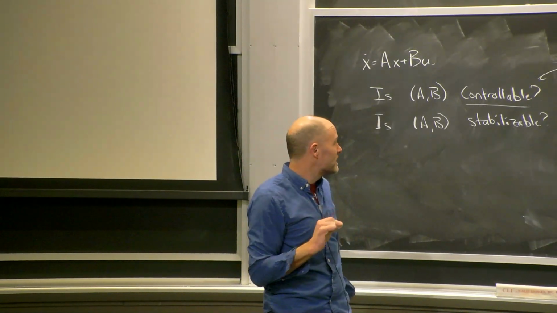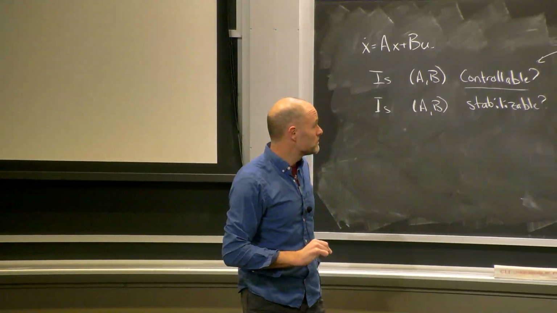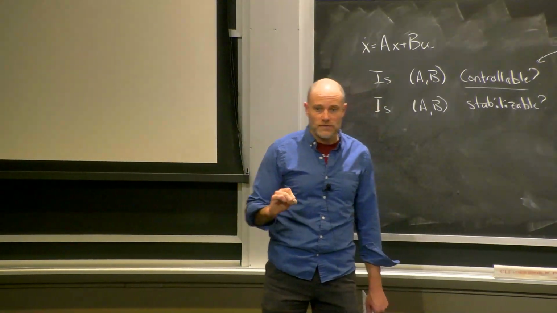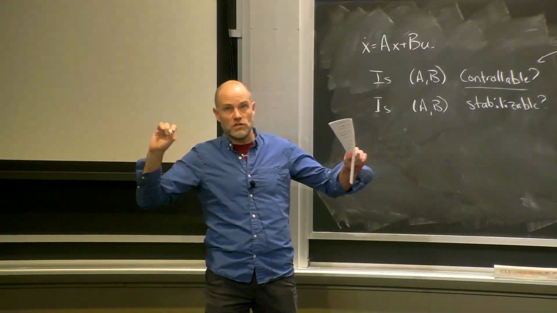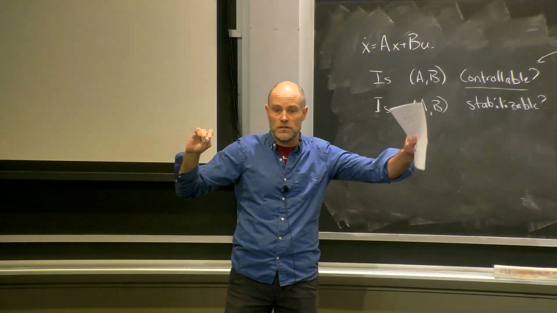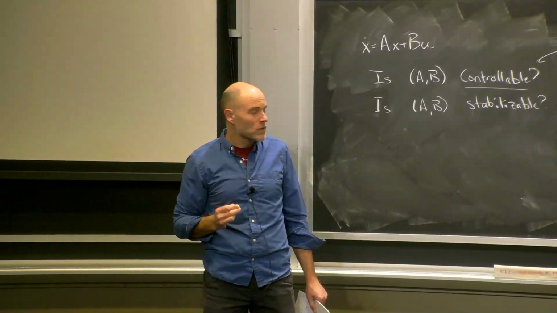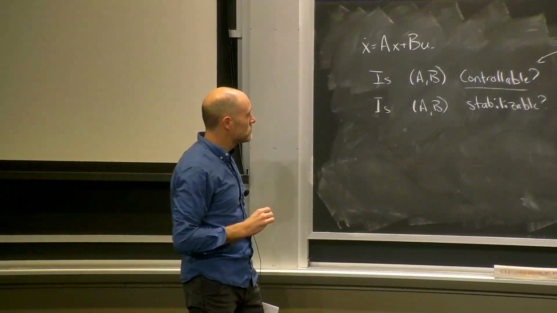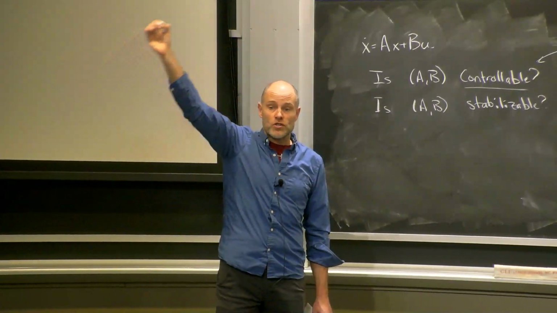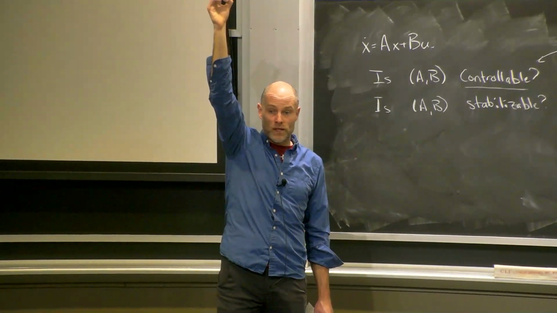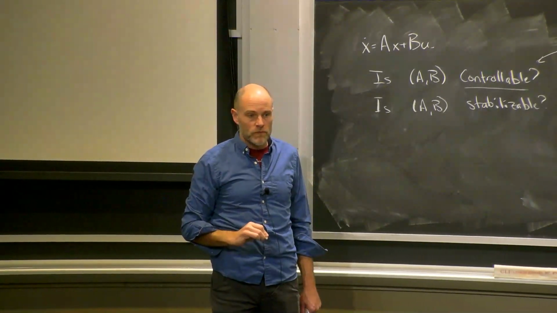All that matters is t final is finite. It doesn't have to be 10. It just can't be infinite. Does there exist a set of commands I could send that would drive me to the origin? The nonlinear extension of this would be you'd have to go from any initial condition to any final condition. In the linear case, just going to the origin is sufficient. That means you could go anywhere. Does that make sense? For the Acrobot, there are trajectories which in finite time can drive me to where I want to go, even though instantaneously I can't take arbitrary trajectories. It's underactuated.